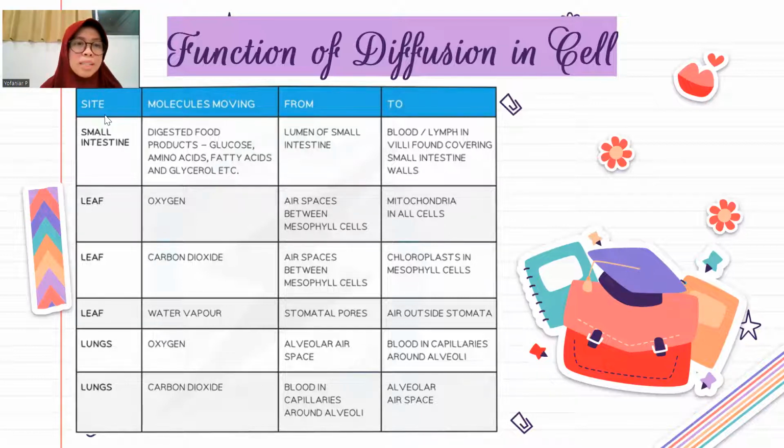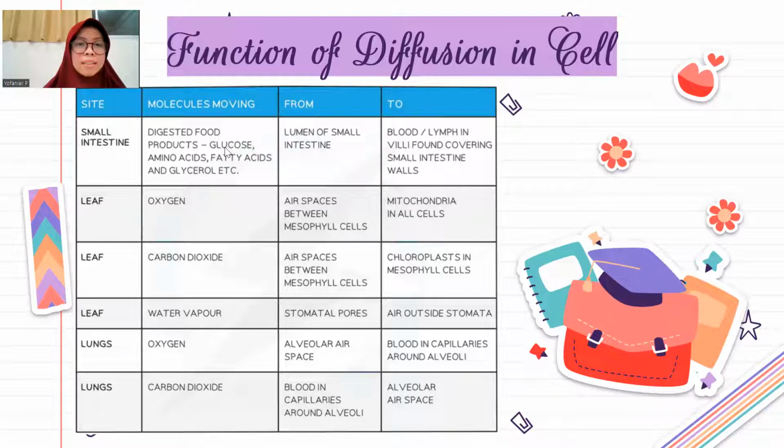For example, the small intestine, usus halus. Okay, the small intestine functions as the place for absorbing the nutrients. So for example, here the molecules that move are the molecules of digested food, makanan yang sudah dicerna.